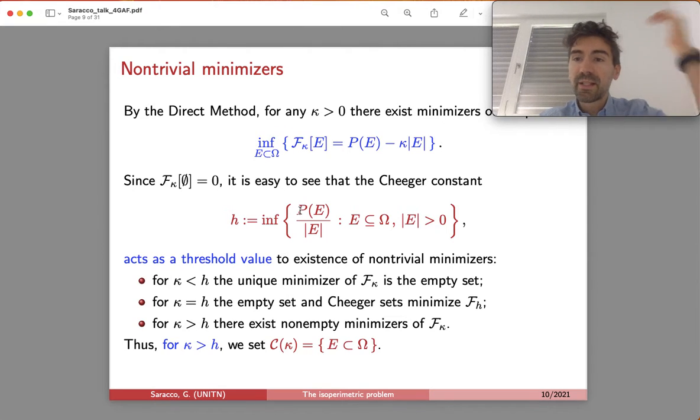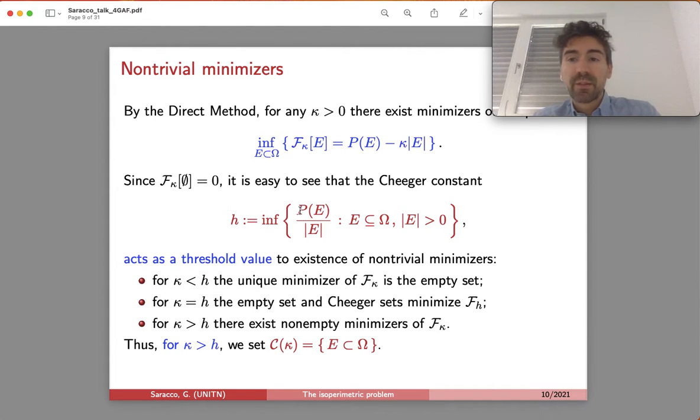So the idea is that when we fix the constant kappa to be strictly greater than the Cheeger constant, I can minimize among all subsets, okay? Because I minimize among all subsets, I'm ensured to find a non-trivial minimizer. This non-trivial minimizer is going to be an isoperimetric set, okay?